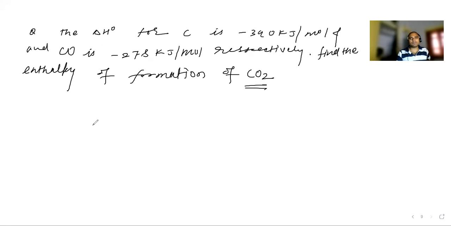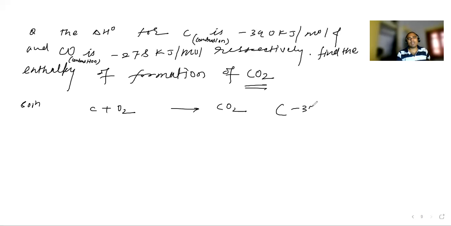See. Here they wrote, in the bracket, combustion. They are doing combustion. And here also they wrote combustion. So how tough this problem is, we can see in the solution. Let me try. That is C plus O2. They are burning, so they are giving CO2.